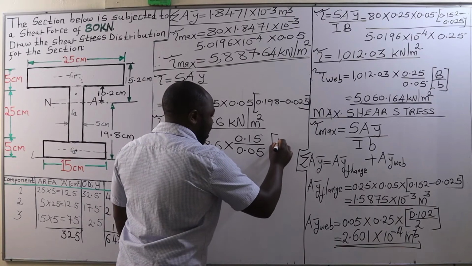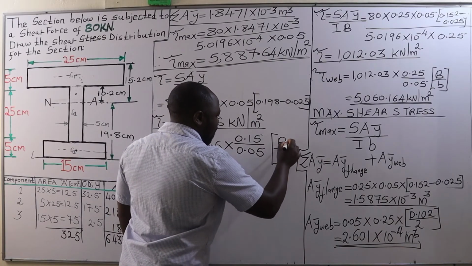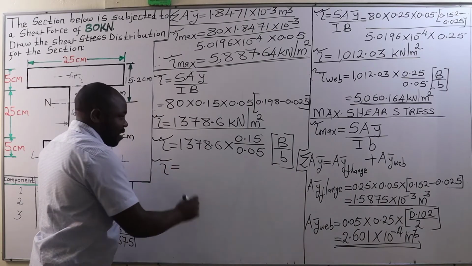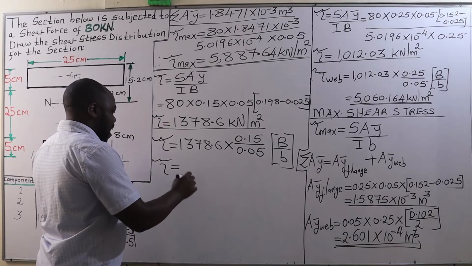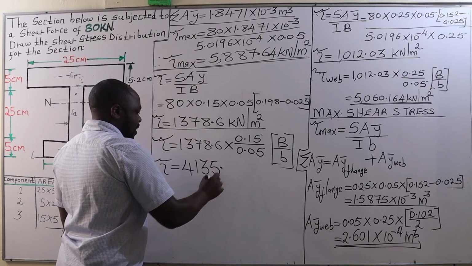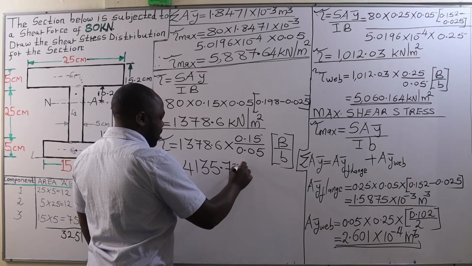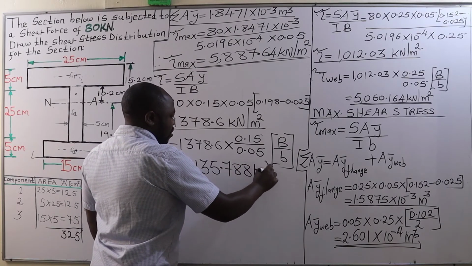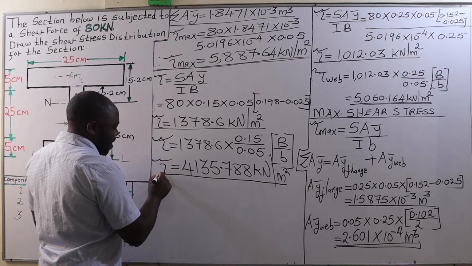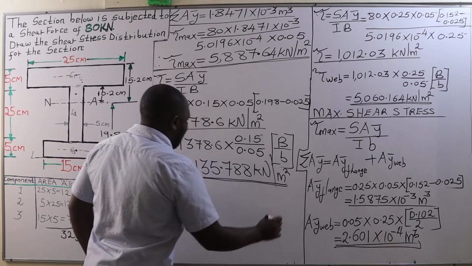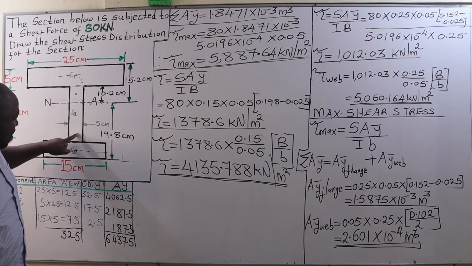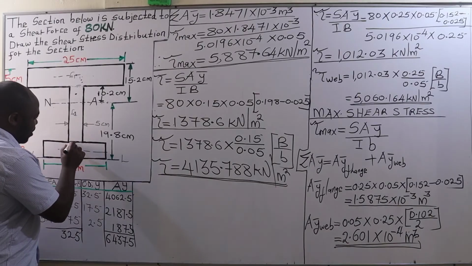So in this case, we can talk of B over b. And that increase will be equivalent to 4135.788 kilonewtons per square meter. Therefore, this will be the shear stress in the web just at the junction of the web and the lower flange at that point.